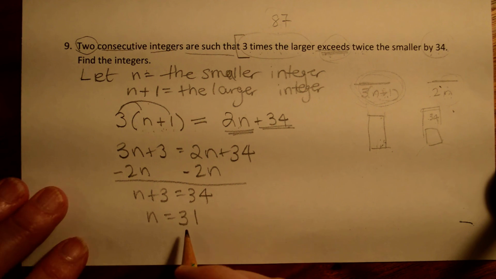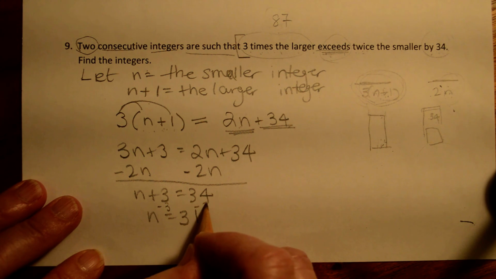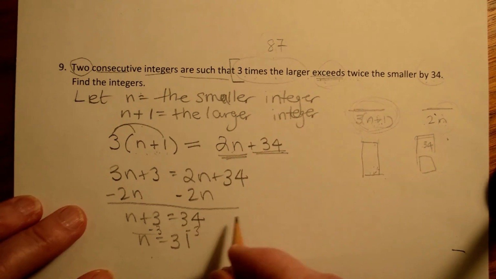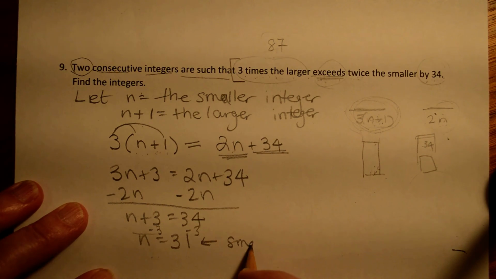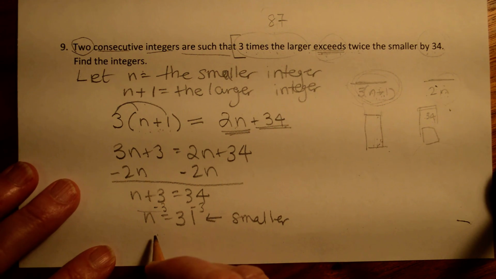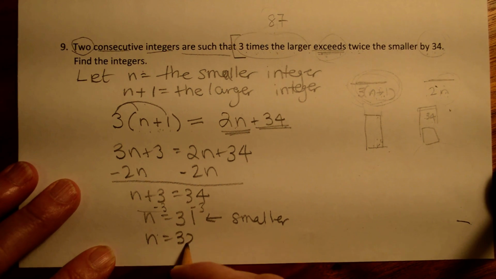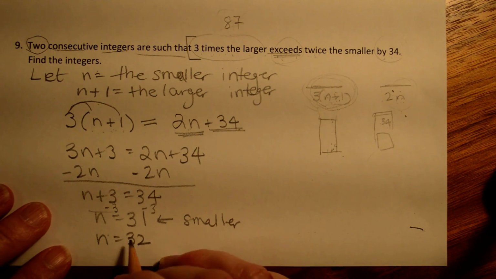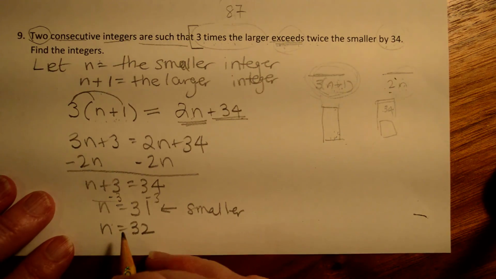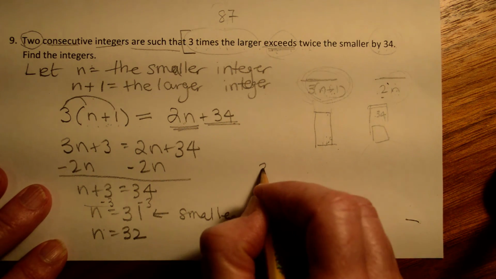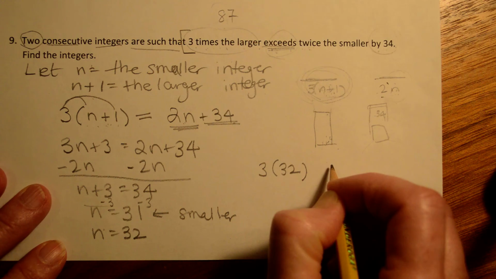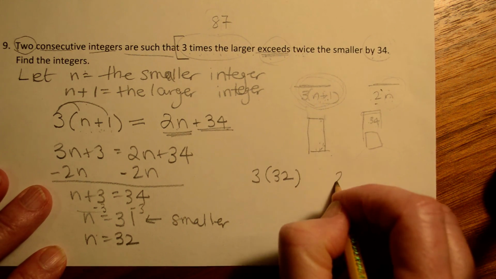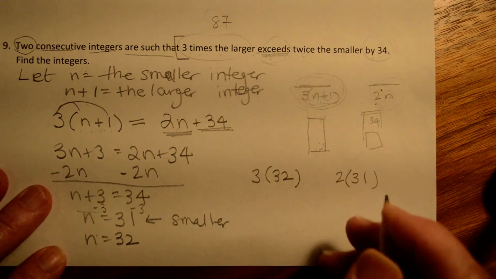Again, I just did that in my head instead of writing it, but you could just write the minus 3 like that. Okay, so then that tells us that the smaller integer is 31 and the larger is 32. So let's try that out and see if we can come up with what it's saying. So it's saying 3 times the larger, or 3 times 32, and twice the smaller. Twice the smaller would be 2 times 31.